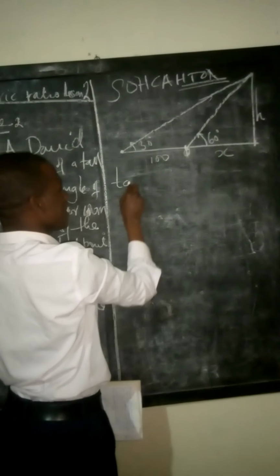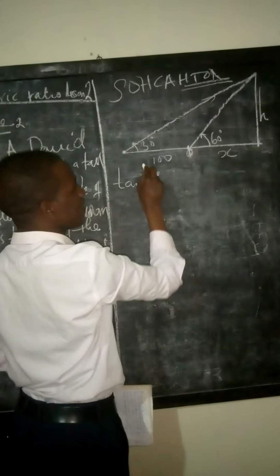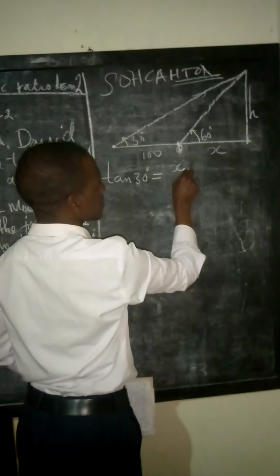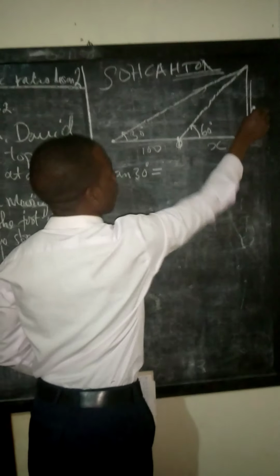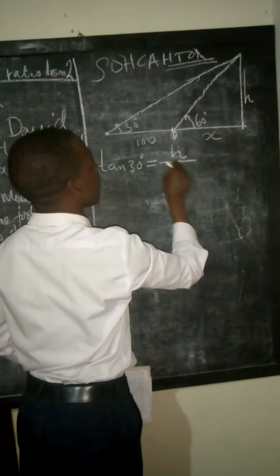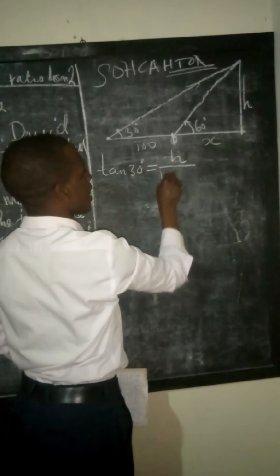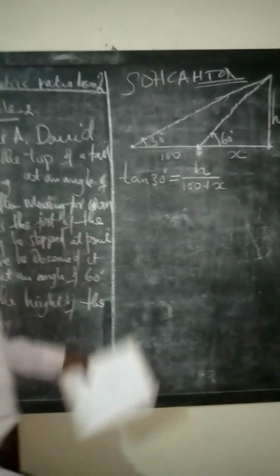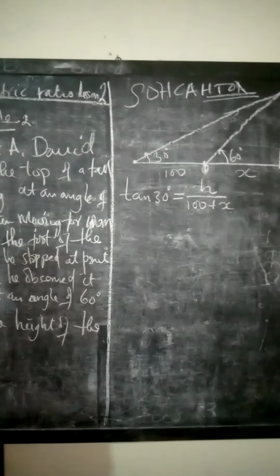Therefore, tan 30 degrees is equal to h over 100 plus x.